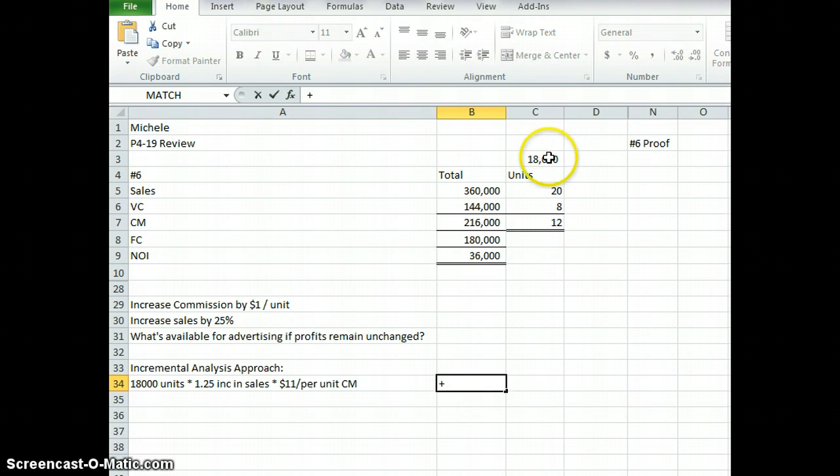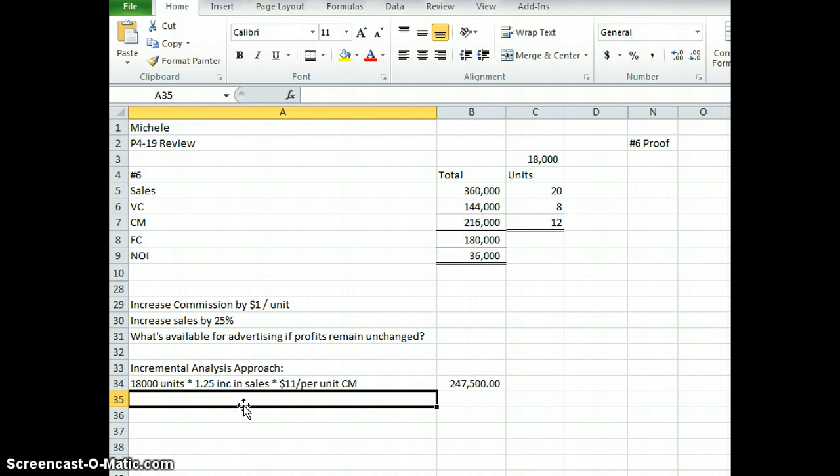So if we have 18,000 times 1.25 times, we'll just do 11. Okay, so it's saying that after the change, we would expect that we would have $247,000 available to us.